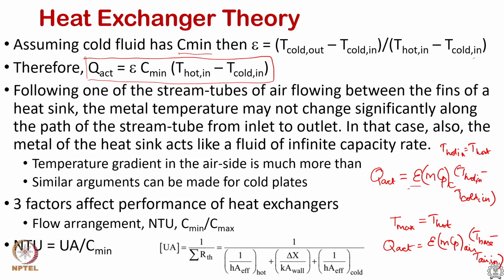Now, how do I define the effectiveness is the next question. We know that NTU, or number of transfer units, relationships are well established in heat exchanger theory. We can make use of them, and we can define NTU as UA by C minimum.